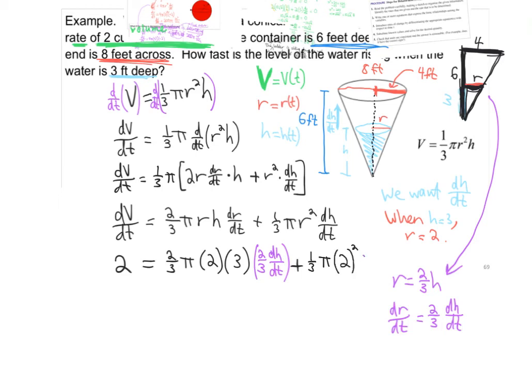And why don't I make it in purple, since that's what we want to find. I'm going to simplify what we have. We have 2 equals 2 times 2 times 2, 8/3 pi dh/dt, plus, let's see, 4/3 pi dh/dt.